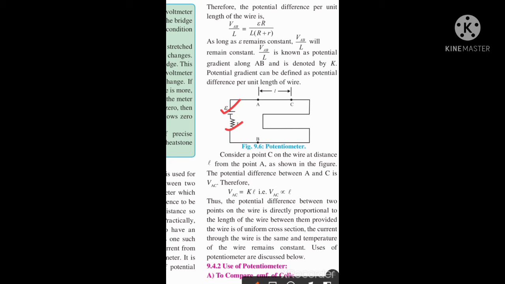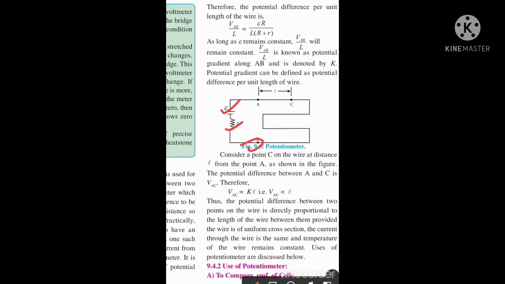That is the construction of the potentiometer instrument, in which a long wire of length capital L with resistance capital R and uniform cross-sectional area capital A, along with a cell having source of EMF E with internal resistance small r, as shown in this figure 9.6.